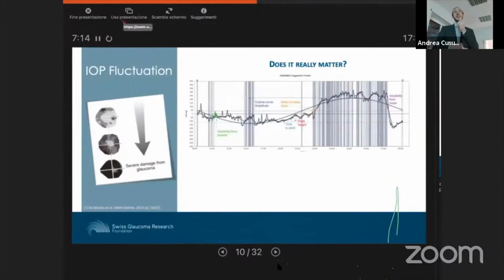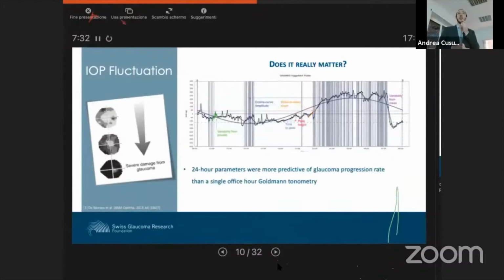And what they've done is they have looked at different factors, different parameters of these intraocular pressure variations. And they have looked at whether these parameters, this fluctuation, actually have an impact on glaucoma progression, on loss of vision in glaucoma.